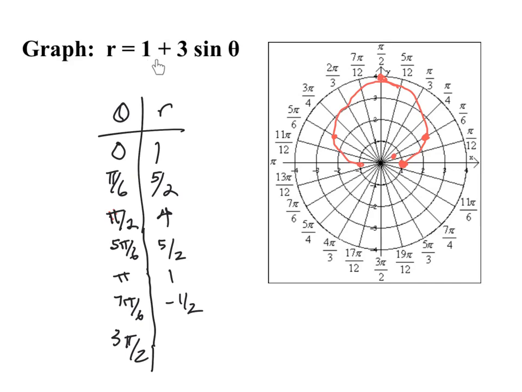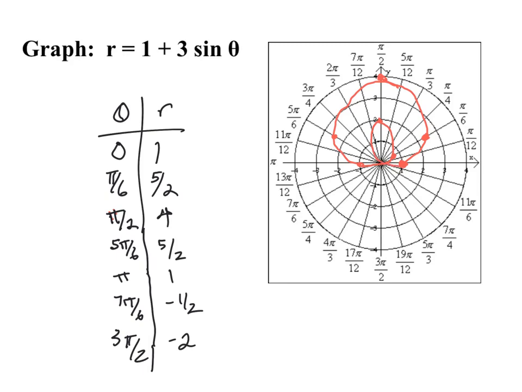So this ends up being 1 plus negative 3, which is negative 2. So again, even though you're on this 3 pi over 2 angle, you've got a negative r value, so you come back up here. This is how you start creating those inner loops, and the reason I chose this one. It's going to go like that.